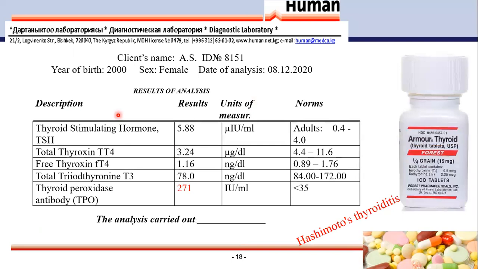Okay, and the next table shows us real results of a female patient. She was born in 2000, and as you can see from this table, thyroid stimulating hormone is a little higher than the norm, total thyroxine is a little lower than the norm, and free thyroxine is in the norm, but thyroid peroxidase antibodies are very high.